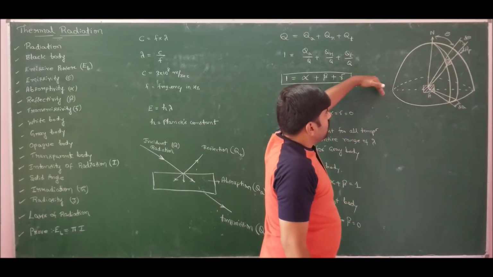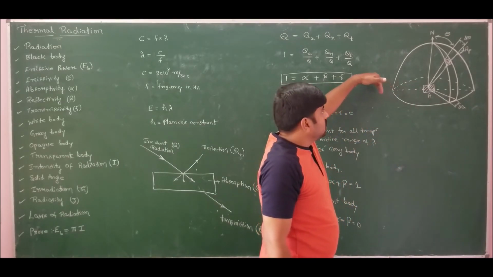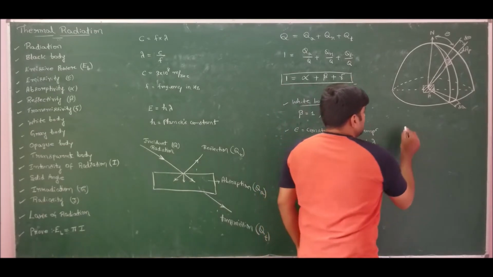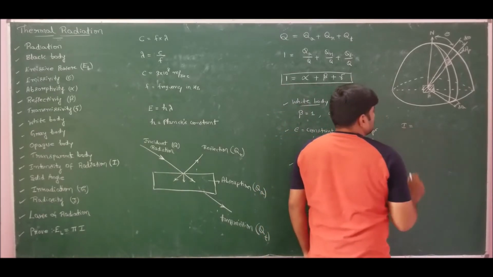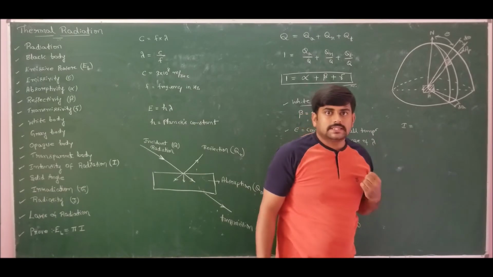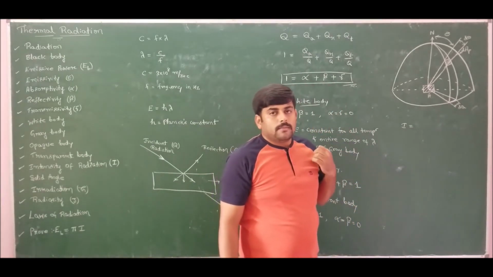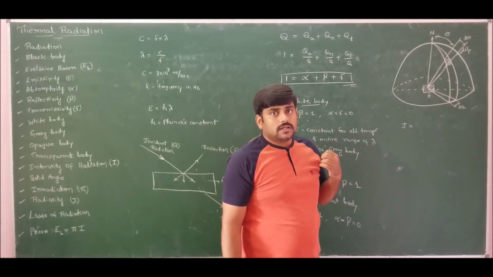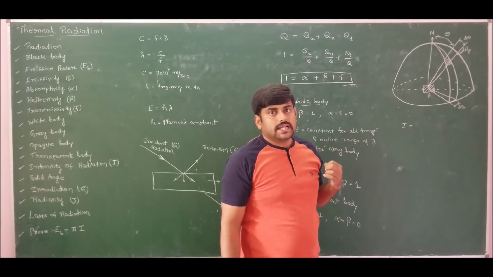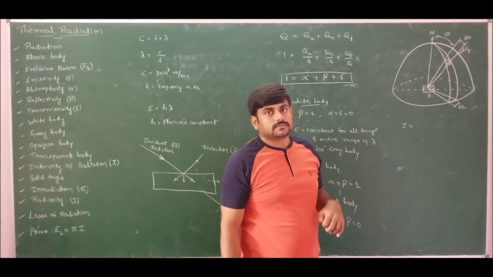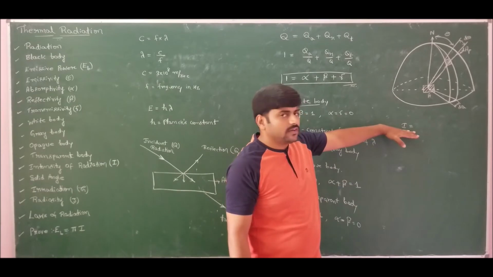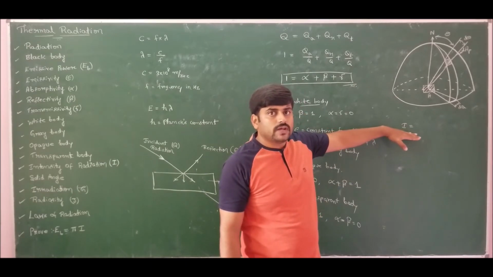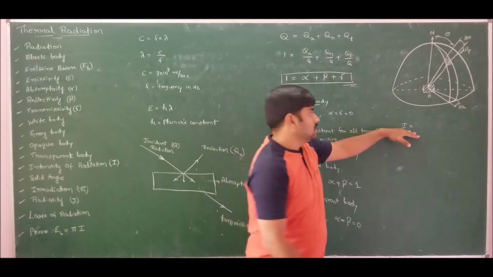Now, coming to intensity of radiation, the intensity of radiation I is defined as the amount of energy emitted per unit projected area normal to the direction of radiation per unit solid angle. I repeat once again, intensity of radiation is defined as the amount of energy radiated from a surface per unit projected area normal to the direction of radiation.